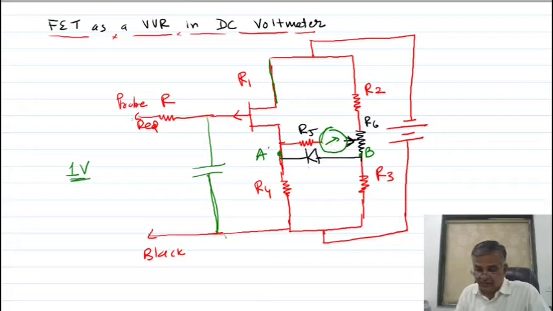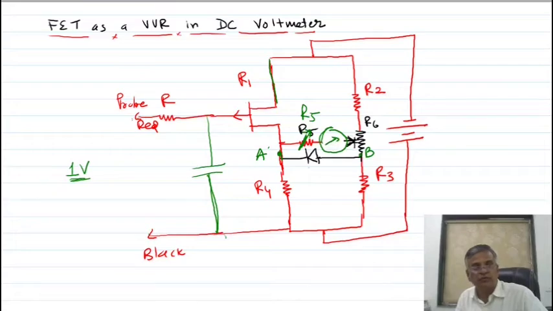then with the help of the potentiometer R5, you have to set your full scale deflection when you have given the 1 volt. Right?